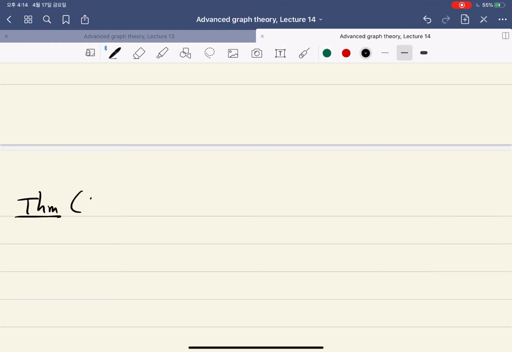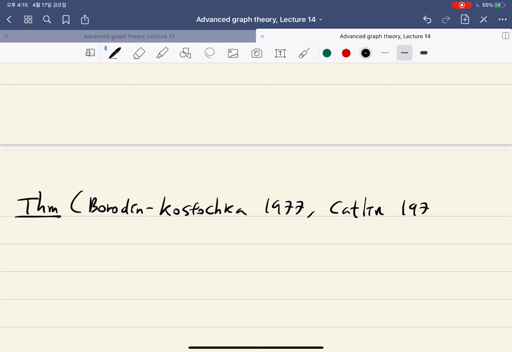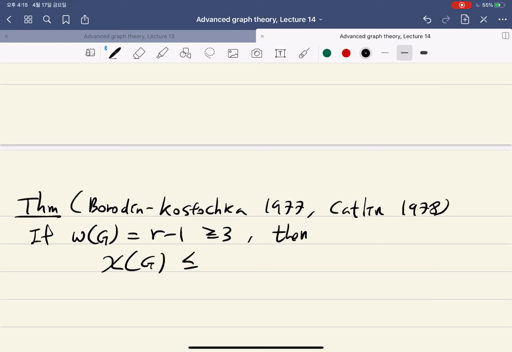And Borodin and Kostochka in '77, and Catlin, I think in '78, proved that if we know that this clique number is r minus 1 and r is at least 4, then we can bound the chromatic number by (r minus 1) over r times delta of G plus 1.